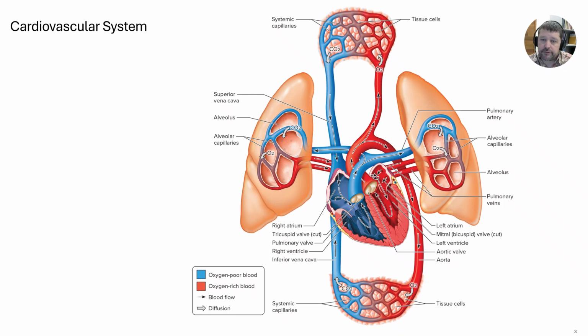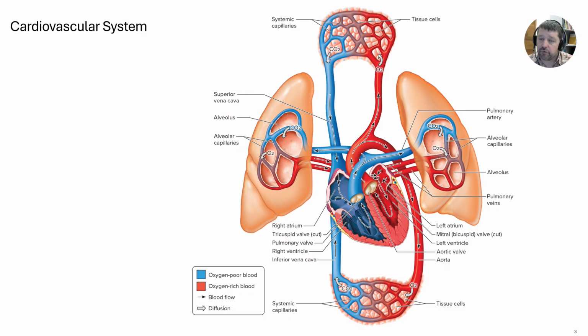So here you can see that cardiovascular system along with the respiratory system. So the lungs on each side. You have your pulmonary trunk. This is going to be moving from the right ventricle to the lungs. These are arteries. They're moving away from the heart, carrying deoxygenated blood that is saturated with carbon dioxide, waste, to the lungs.